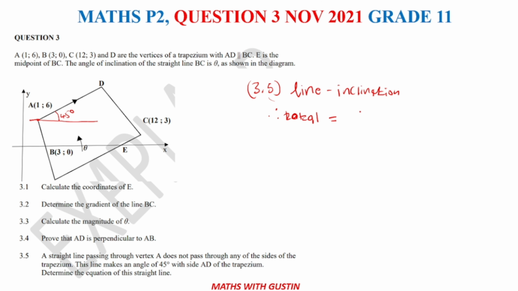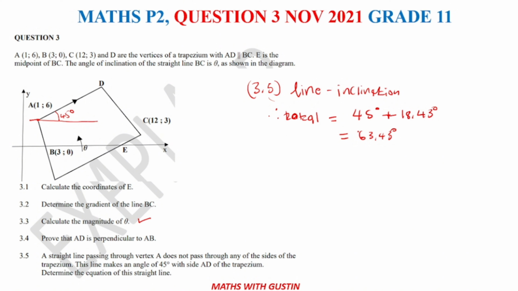All right, so this makes the total angle of inclination equal to 45 plus this one that we calculated on 3.3, which was 18.43. So therefore the total angle will be 63.43.